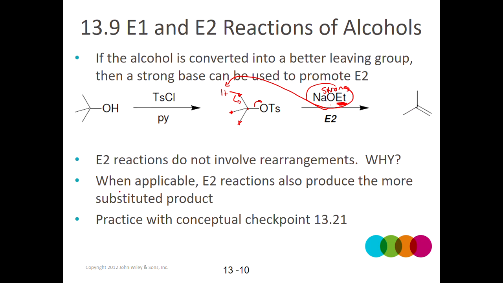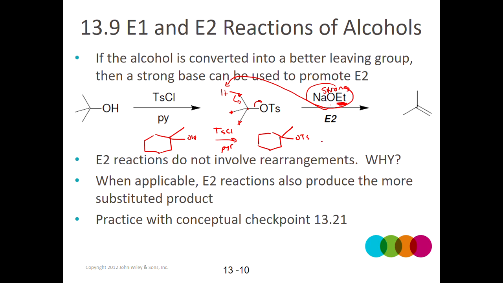What if I was looking at that reaction from the last slide, though? What if I had this, and I used tosyl chloride and pyridine to convert that into a tosylate leaving group?